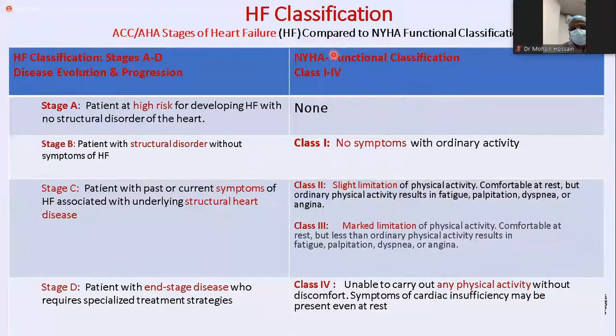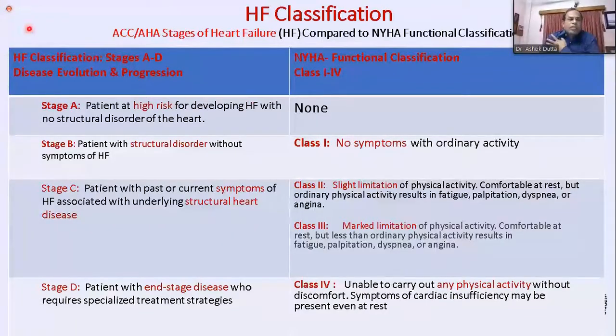Heart failure is classified symptomatically by NYHA, and there is the ACC and AHA guideline classification. We sometimes need to correlate between these two, stage A, B, C, and D with class 1, 2, 3, and 4. Stage A, those patients at a high risk of developing heart failure, that is, there is a risk factor, but the patient is not symptomatic.